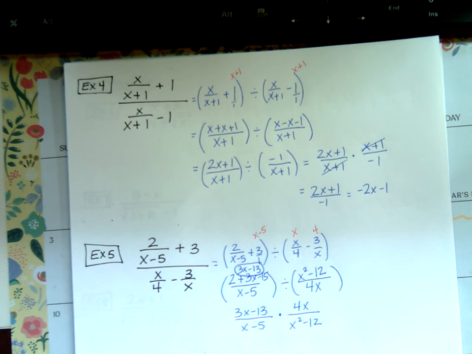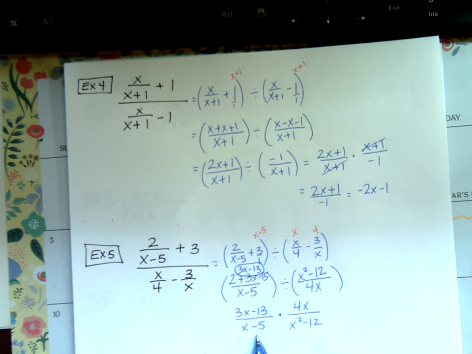Anything cancel? I'm not seeing anything, right? This x, like I can see that there's x's around, but if it's in a grouping with a plus or minus sign, you can only cancel that if you have the like grouping. So in other words, if I had an x minus 5 up top and an x minus 5 on the bottom, then I can cancel.